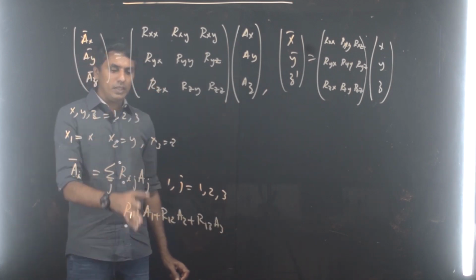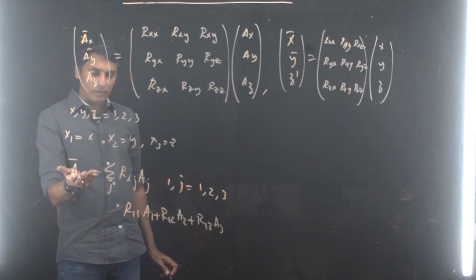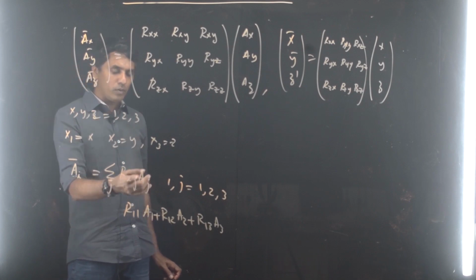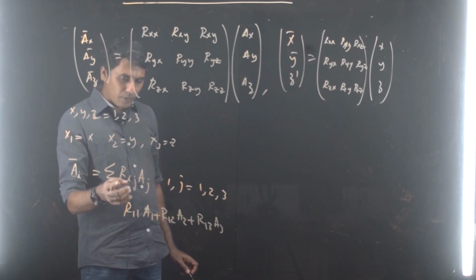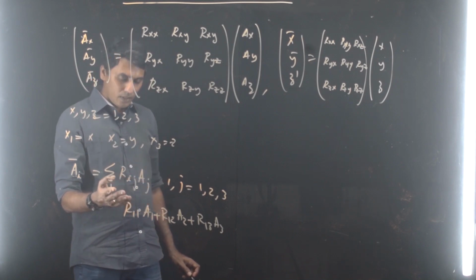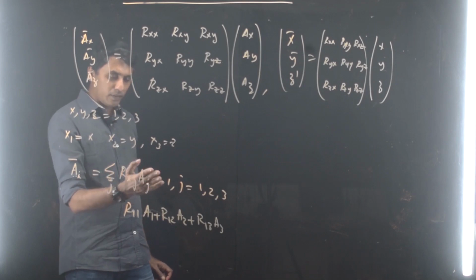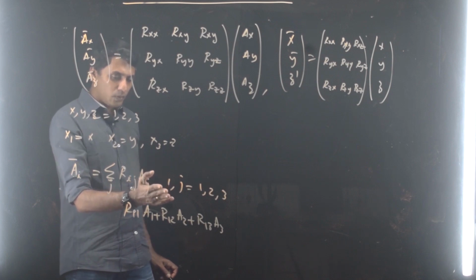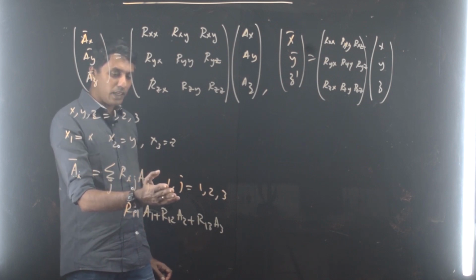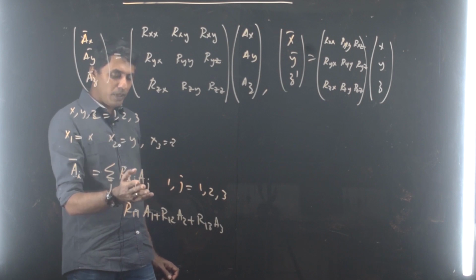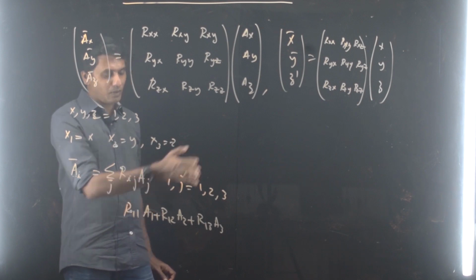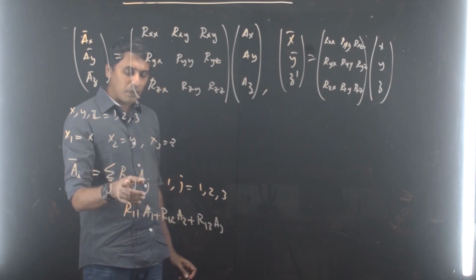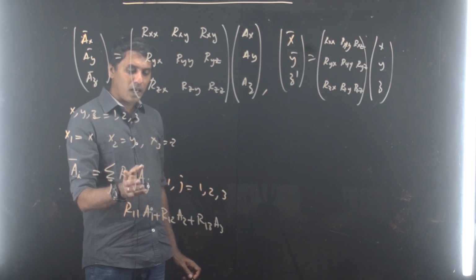If you want a y bar, that is a2 bar, which is summation over j of r 2 j a j, equal to r 21 a1 plus r 22 a2 plus r 23 a3. In the other notation, that is r y x a x plus r y y a y plus r y z a z.